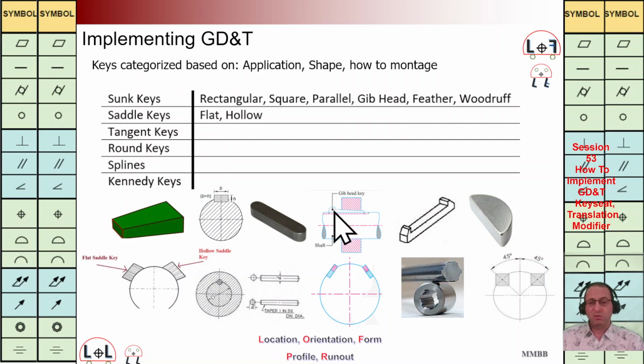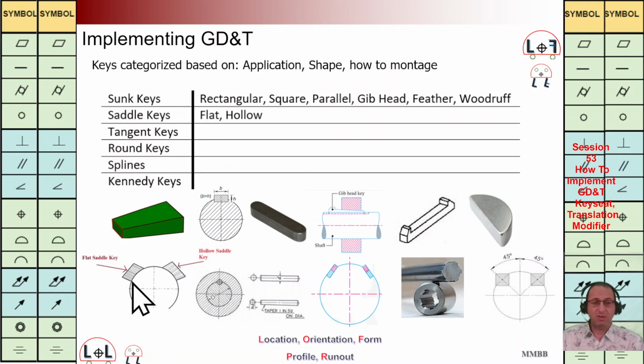If we are going to assemble and disassemble the key several times, it is good to use this gib head key. And also we have another key with the name of feather key. We have these two gibs on both sides, let's say. And if we are not going to transfer that much torque, it is good to use this Woodruff key here. It is related to the geometry and amount of the torque.